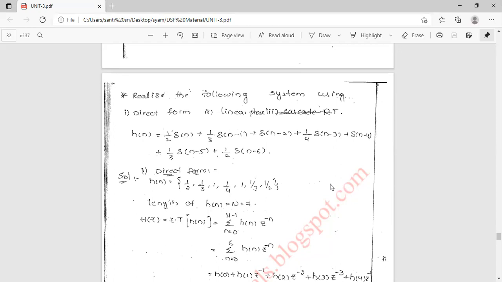Okay, so in direct form, h of n equal to 1 by 2, 1 by 3, 1, 1 by 4, 1, 1 by 3, and 1 by 2. So here the length of h of n is 7.